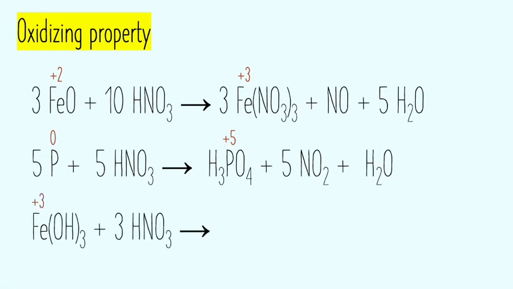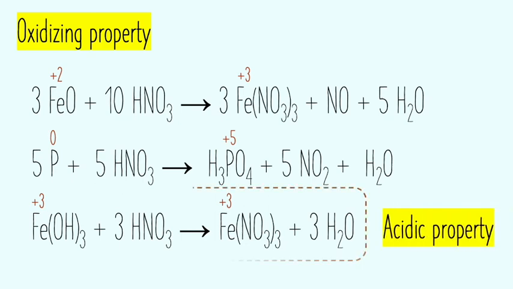The last example, in which iron 3 hydroxide is put into the nitric acid solution, is totally different. The oxidation number of +3 is the highest state of iron element. Therefore, nitric acid cannot behave as an oxidant in this situation, but only a normal acid.